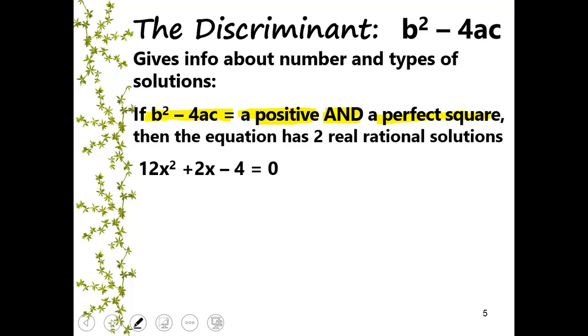If we have positive and a perfect square, then the equation has two real solutions. Again, we're just looking at this piece of the formula. That's all we have to evaluate to be able to tell this information.